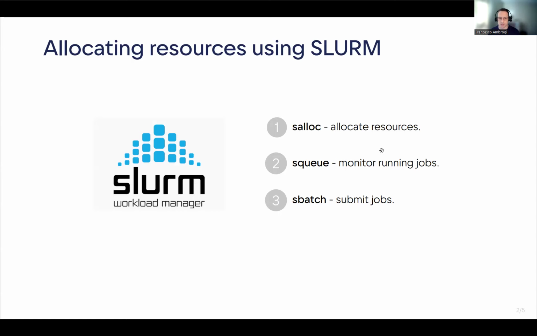And finally, we have sbatch, which is the command to run the simulation. So in this case, you will write a script with all the directives that you want to give Slurm with respect to that specific job, and then you give this command, and the job will be submitted.